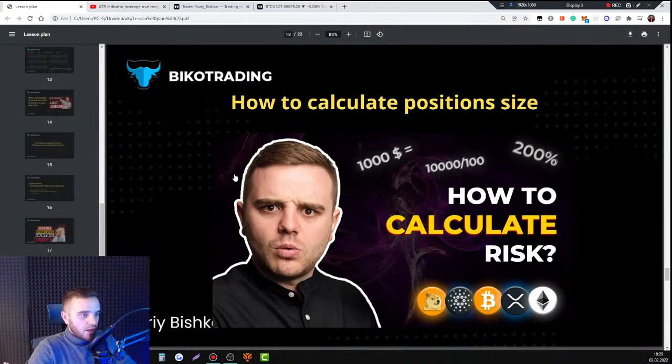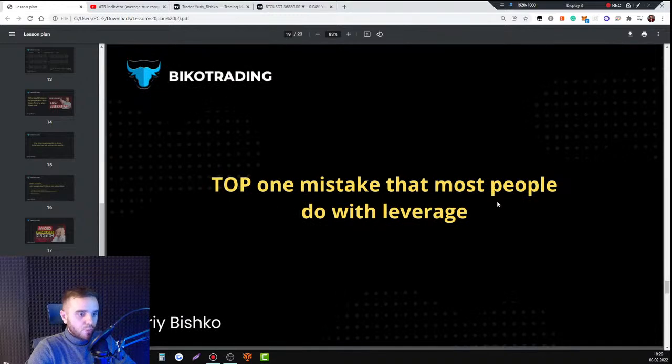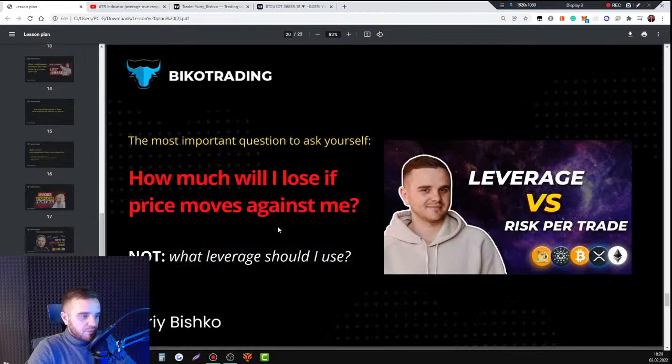Okay, how to calculate position size. The top one mistake that most people make with leverage. Many people, my friends, make one mistake: they don't understand the difference between position size, leverage, and risk per trade.